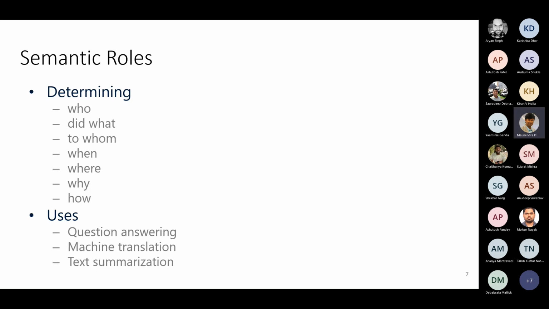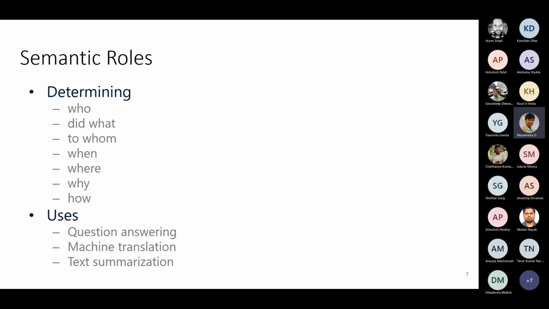Even for summarization and so on, people have seen that if you're able to identify the semantic roles, it becomes easier to group together different information nuggets from different parts of the input or different sentences, and that can help in the summarization process.